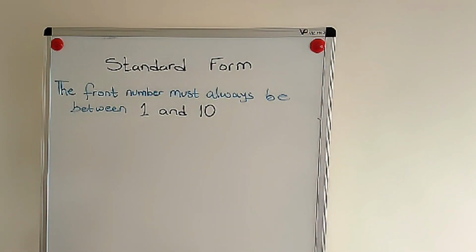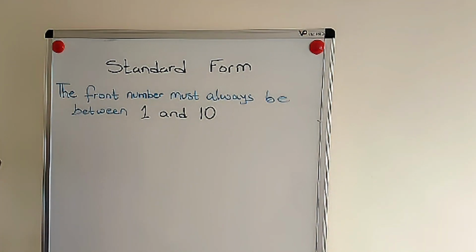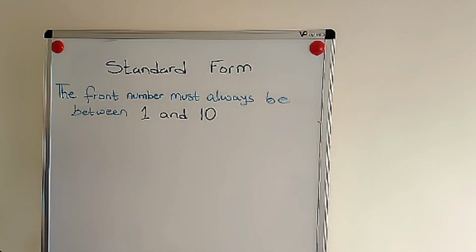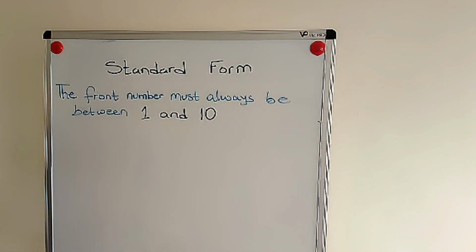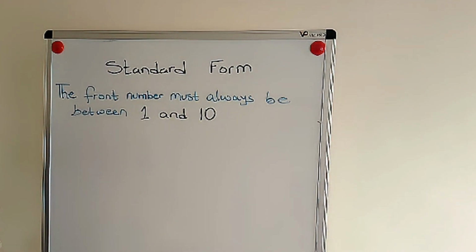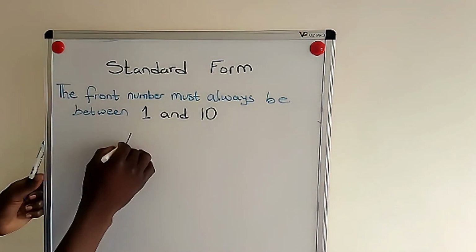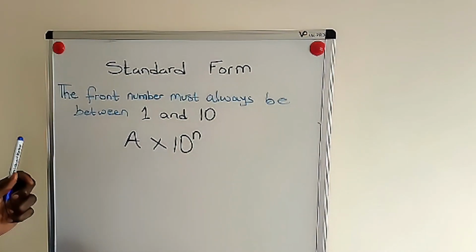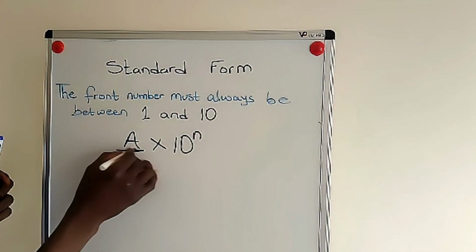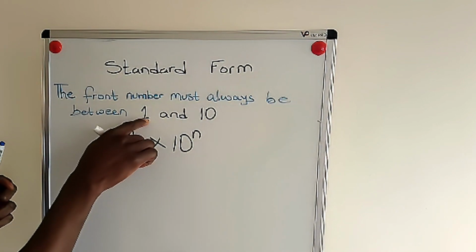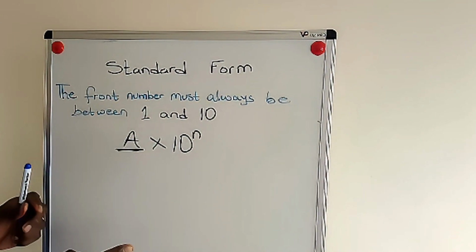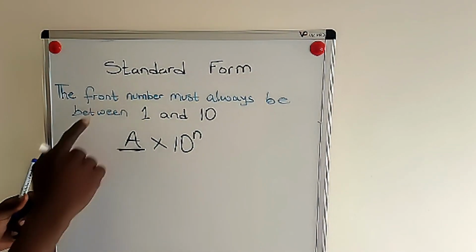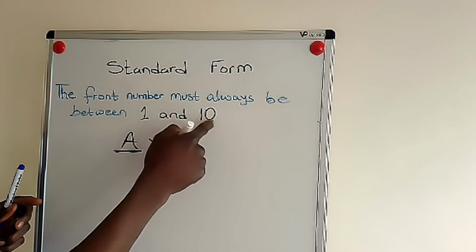The first rule you will be learning is that the front number must always be between 1 and 10. Again, if you remember a times 10 raised to the power of n, a is the front number, and this number must always be between 1 and 10. It cannot be lesser than 1, and it cannot be greater than 10.